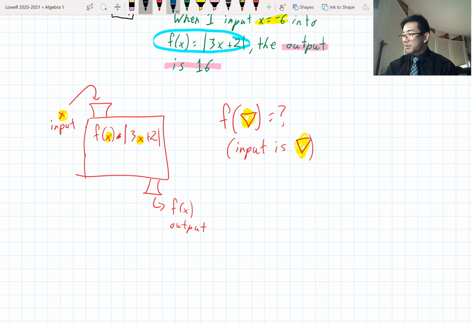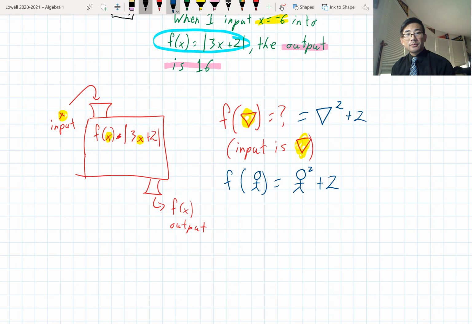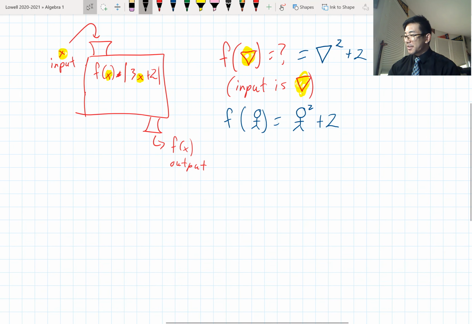And so what this would mean is this would simply be whatever big upside down triangle is, triangle squared plus 2. If I want to plug in stick person, that would just be stick person squared plus 2. That's all.